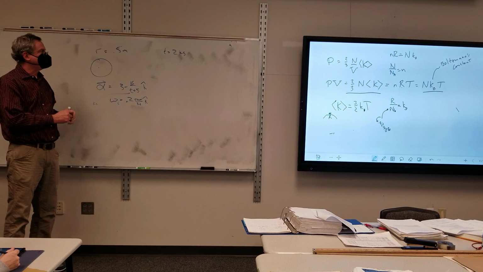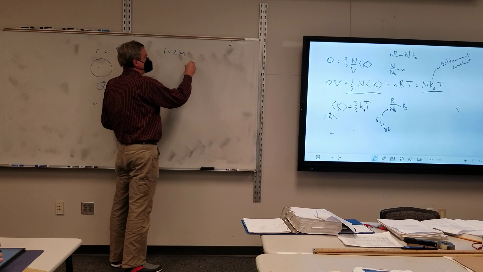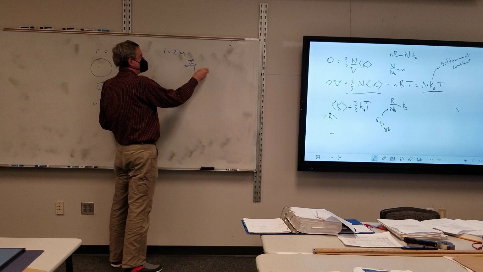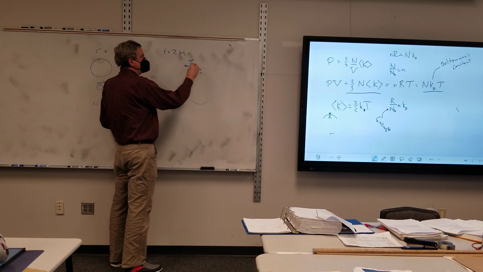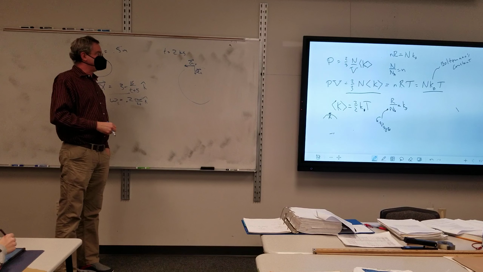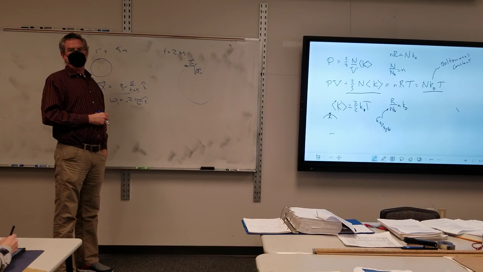Centripetal? Yeah. So after 2 seconds, I'm going to have some tangential acceleration, and I'm going to have, so that's the center there, as it goes around, a centripetal acceleration. What's the relationship between tangential acceleration and angular acceleration?